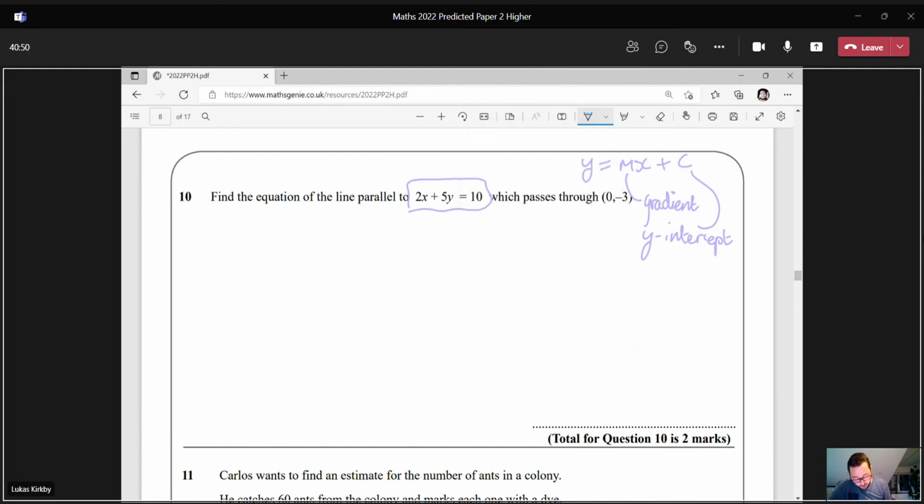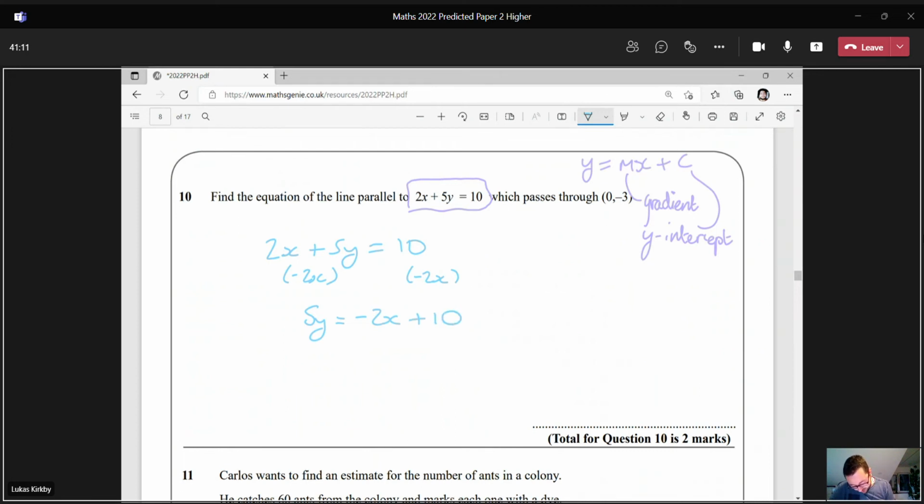So that's our first goal. So we've got 2x plus 5y equals 10. So the first thing I want to do is take away that 2x. So we'll take away 2x from both sides. So this is going to be 5y equals minus 2x plus 10.